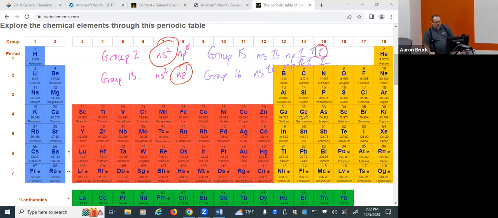I've got to take away an electron from a half-filled sublevel instead of taking one away from an orbital where there's already a little bit of repulsion there, and so it's a little bit easier to remove. And so as a result, 15 and 16, they switch places as well in that trend.